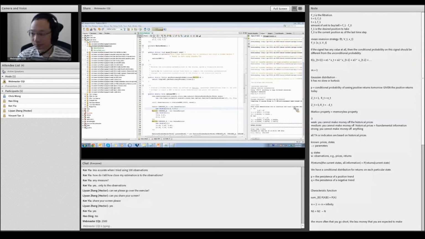So in 10 years, you only have 2,500 data points, and that might not be enough to estimate even this simple two-state model. Even that requires a large amount of data to estimate. So it's not practical in trading, simply because you do not have that much data.